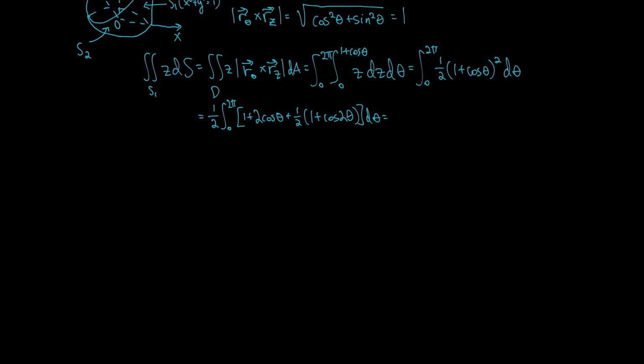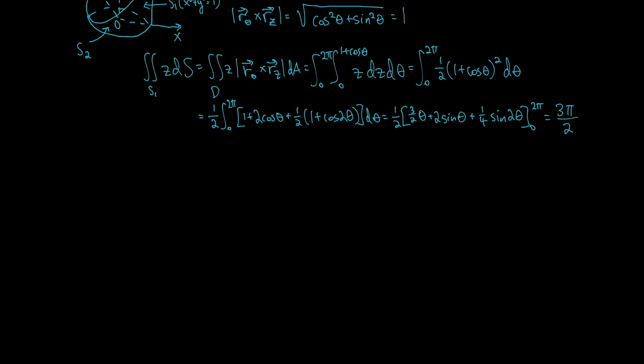And this becomes 1/2 times 3 over 2 theta plus 2 sine theta plus 1/4 sine of 2 theta from 0 to 2 pi, which is 3 pi over 2.